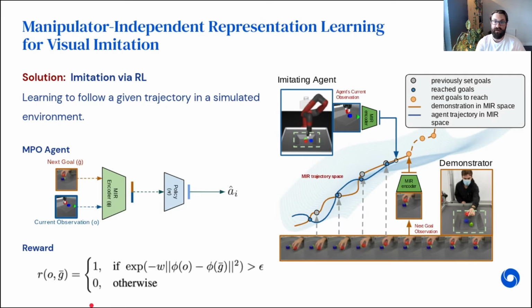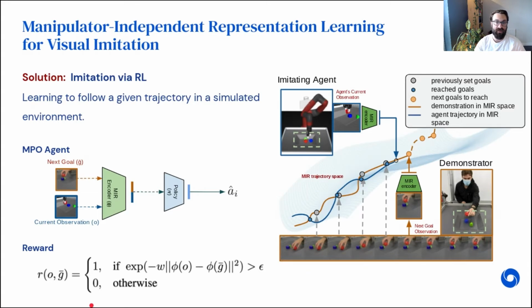Our solution to this problem is doing imitation via reinforcement learning. So we learn to follow a given trajectory in our simulated environment, and we do that with an off-policy reinforcement learning algorithm.